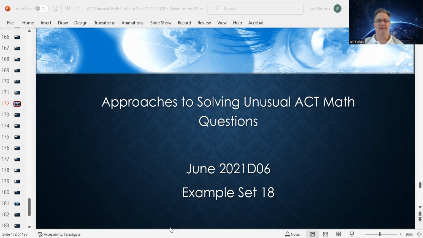I've selected these because many of the students that I've worked with in the past have seemed to struggle with these particular questions the most on this June 2021 released exam. So perhaps you too, if you've been using this June 2021 released exam, are struggling with these math questions. And hopefully this will help you.